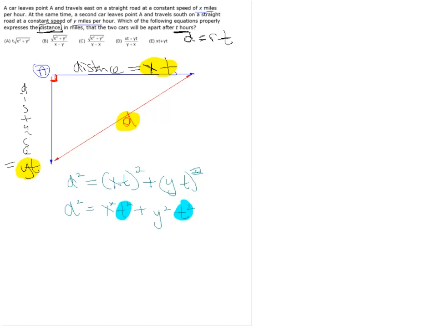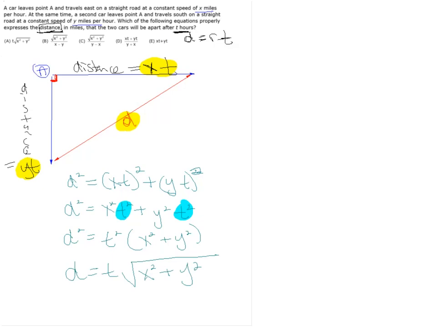So d squared is equal to t squared times x squared plus y squared. And since we're solving for d, we take the square root of both sides. So d is equal to t times the square root of x squared plus y squared.